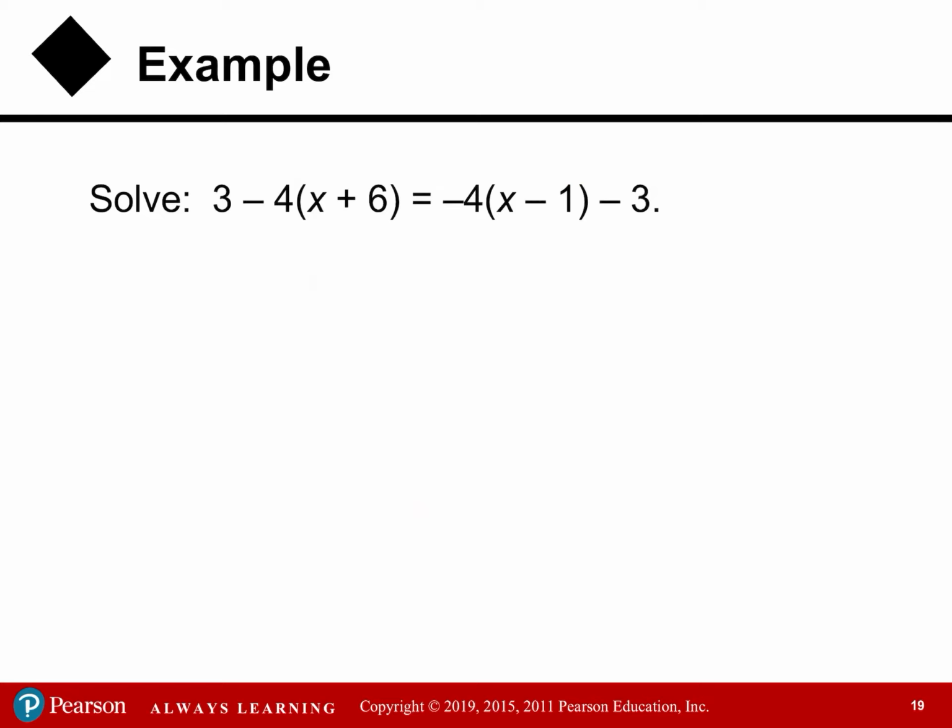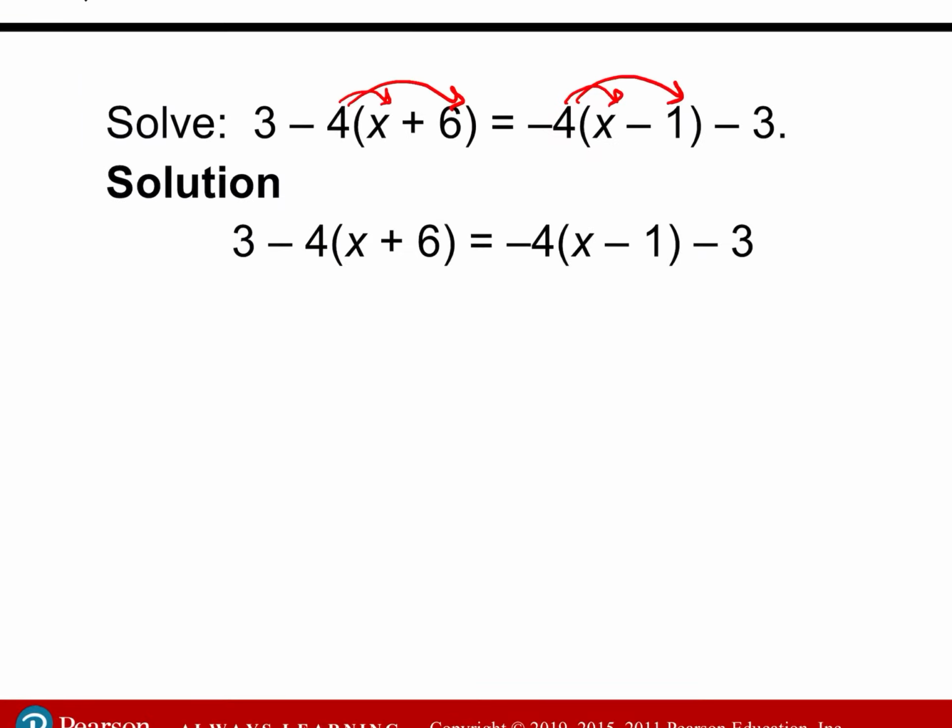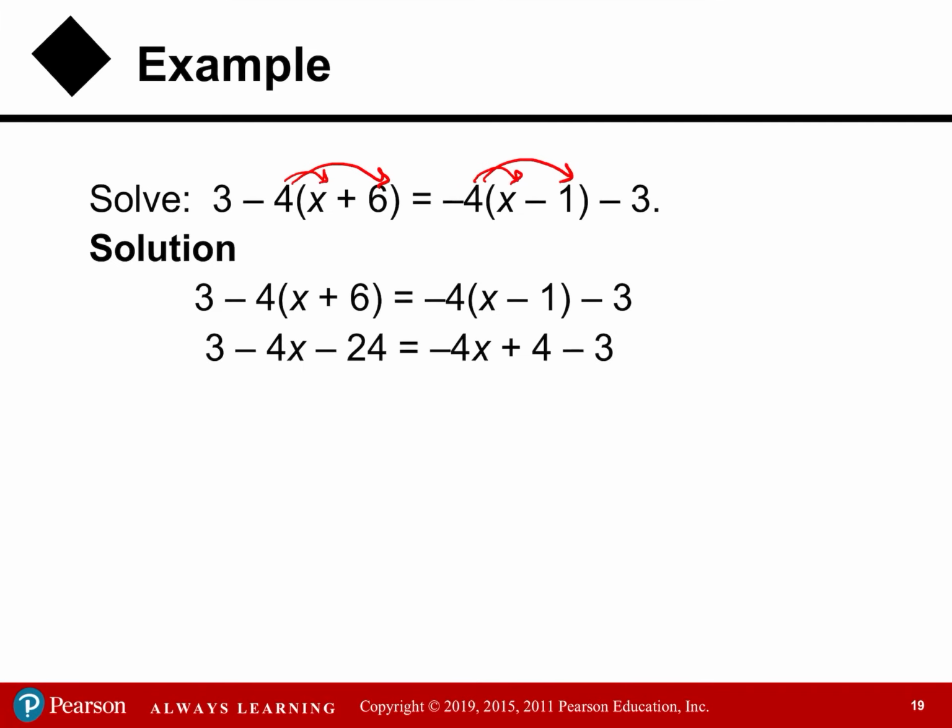Let's do this next problem. Let's distribute that 4. Distribute the negative 4 on the other one. And we're left with negative 3 minus 4x minus 24 is equal to negative 4x plus 4 equals 3. All right, let's try to get our x's together.